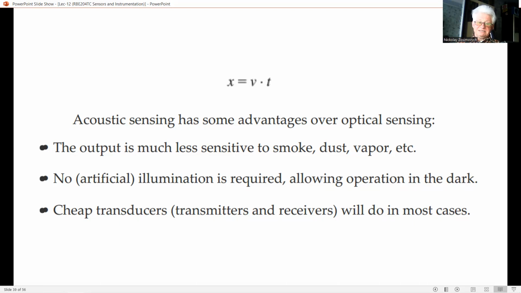Many acoustic sensing systems are based on the measurement of the travel time, or TOF. That is the time it takes for an acoustic wave or signal to travel a certain path. Look at this simple formula on the top: X proportional to V times T. This path is made dependent on the physical parameter to be determined, like distance.